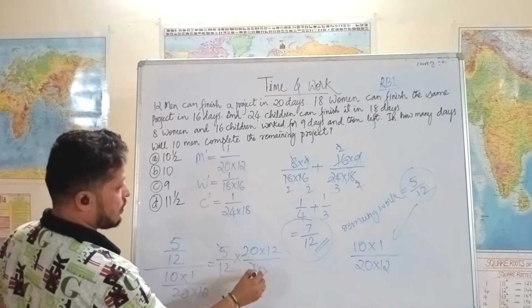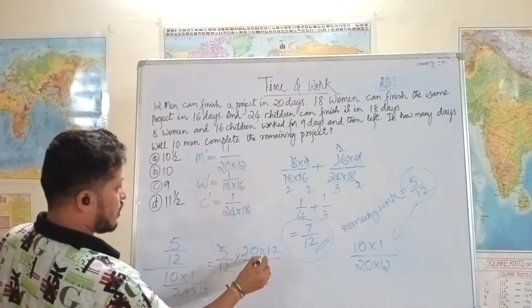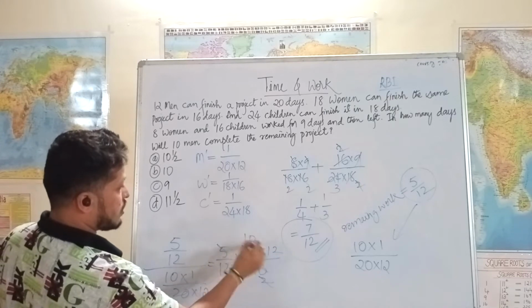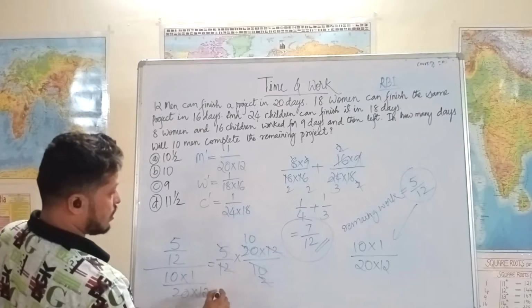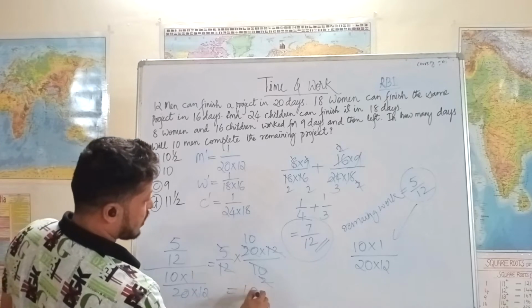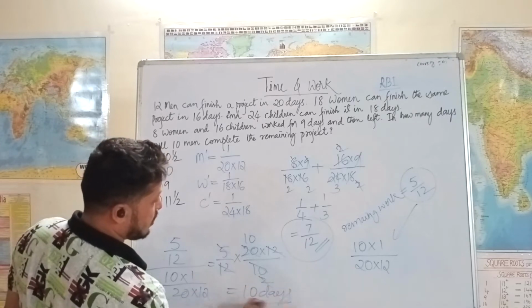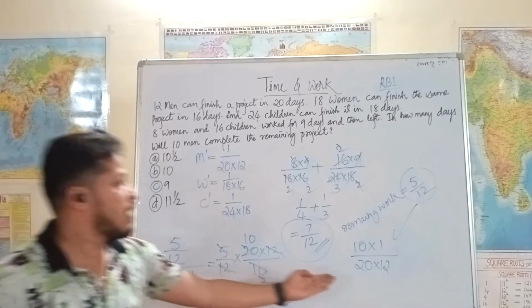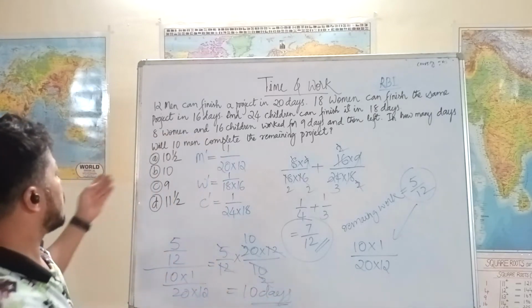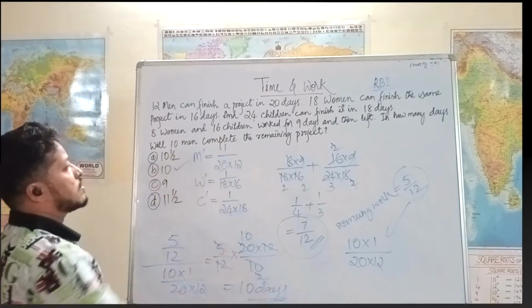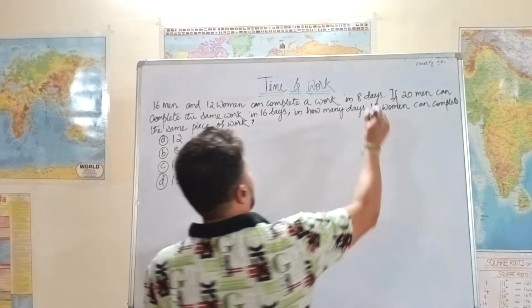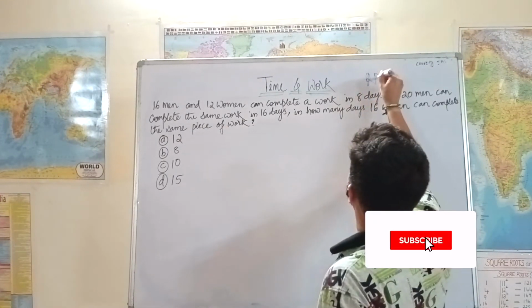So 5 twos are 10, this 2 gets cancelled, this 12 gets cancelled, so it is equal to 10 days. So they can complete this work in 10 days. Okay, we have another question from our previous year papers.